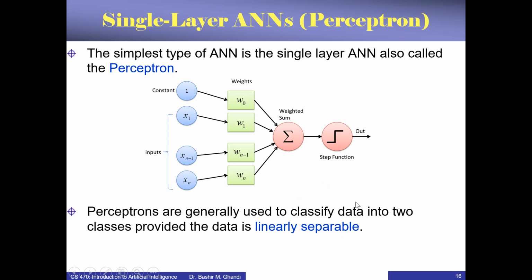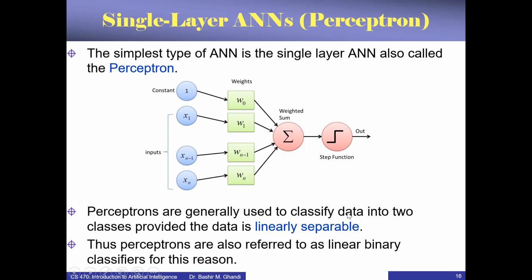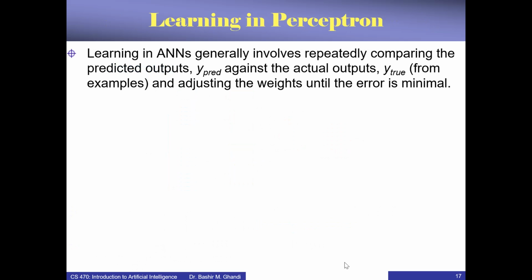As we shall explain in a moment, perceptron is only applicable to data that is linearly separable. Now, because of their nature of classifying data into two components, they are generally called linear binary classifiers. So how does perceptron learn from examples?